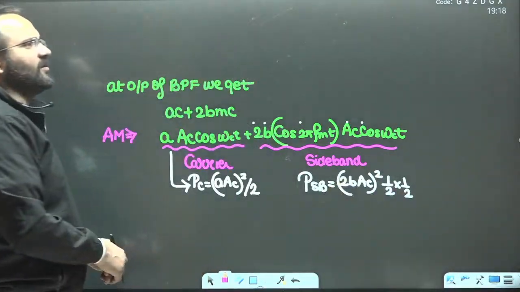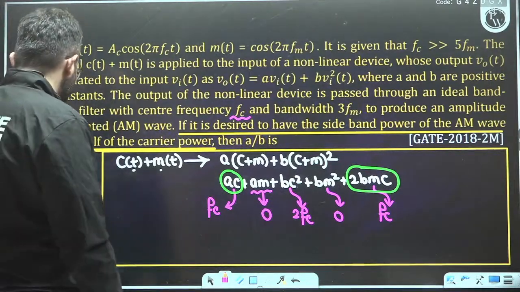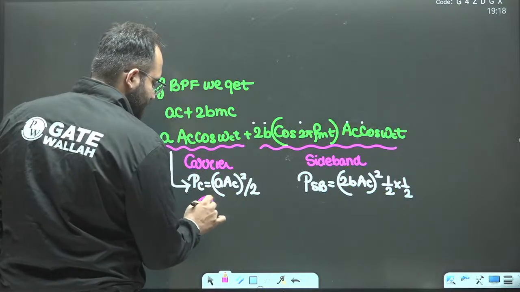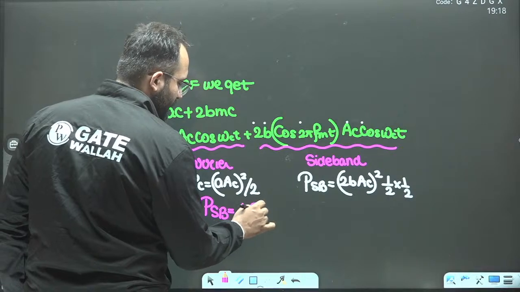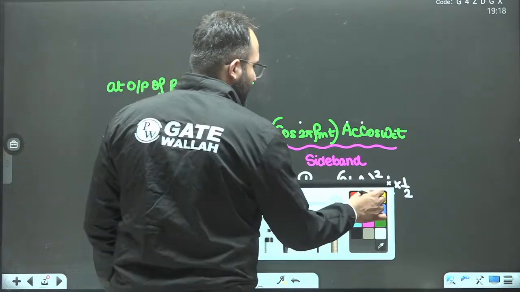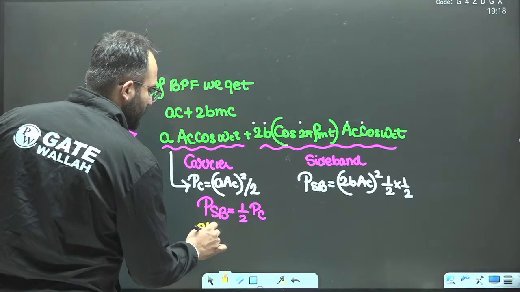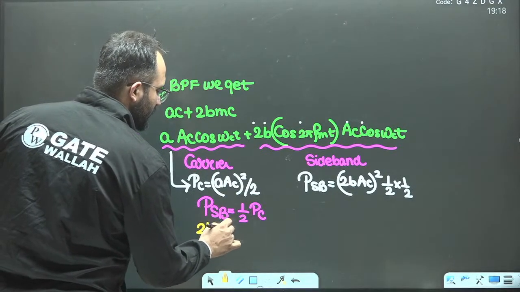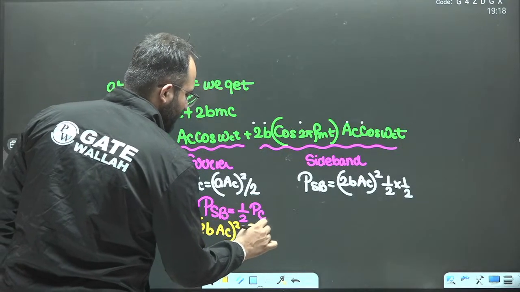So sideband power is half the carrier power. So sideband power is 2B Ac whole square 1 upon 4 should be equal to 1 by 2 of the carrier power.